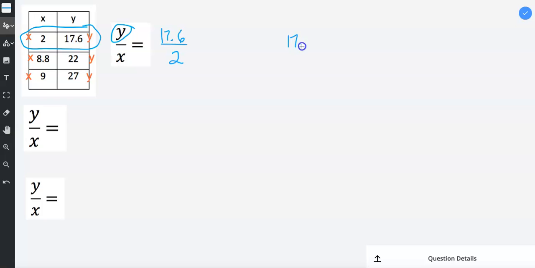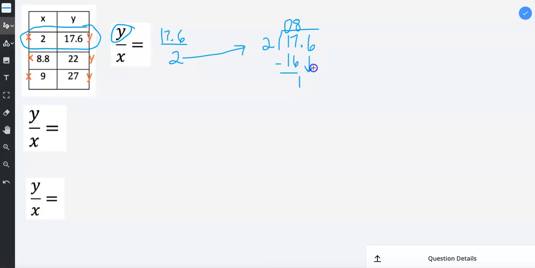Then I take 17.6, the numerator goes underneath the division symbol, and I divide it by 2, the denominator goes on the outside. 2 goes into 1, 0 times. 2 goes into 17, 8 times, because 8 times 2 is 16. 17 minus 16 is 1.